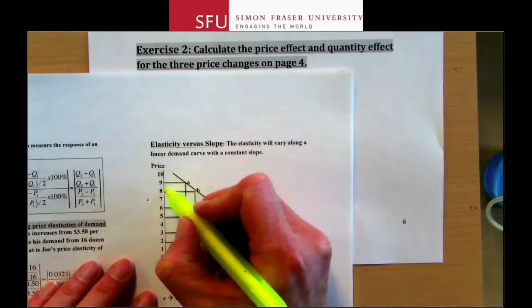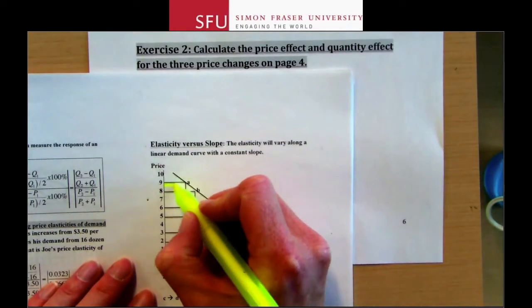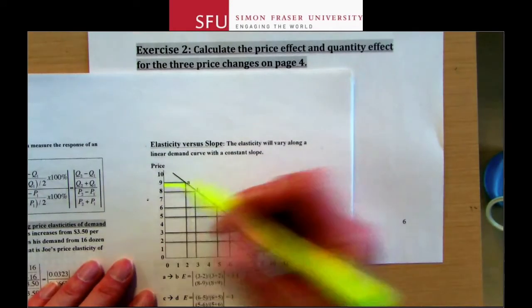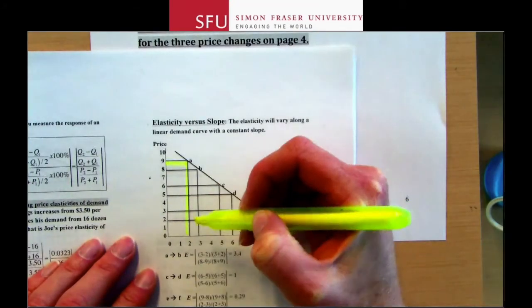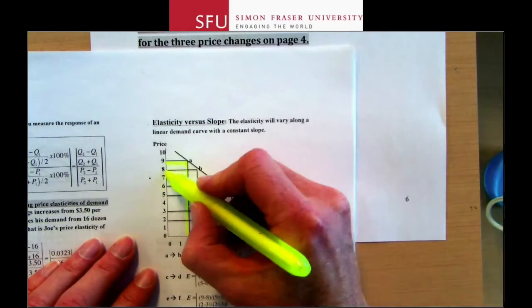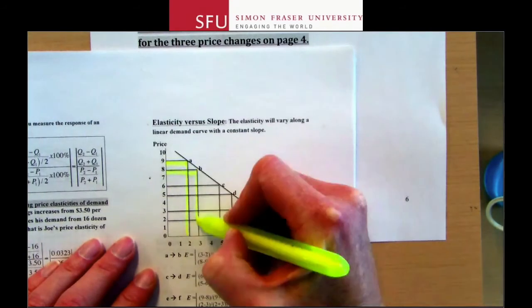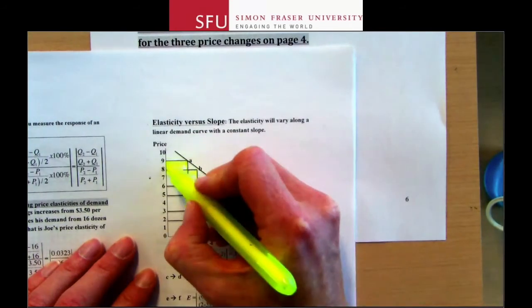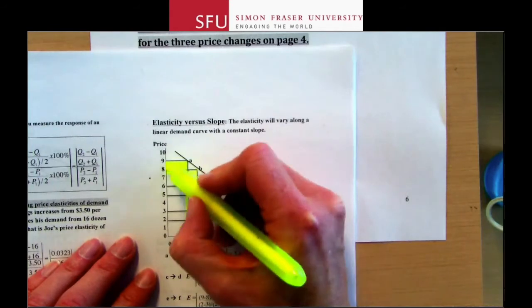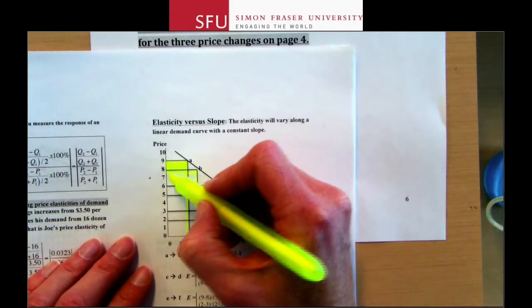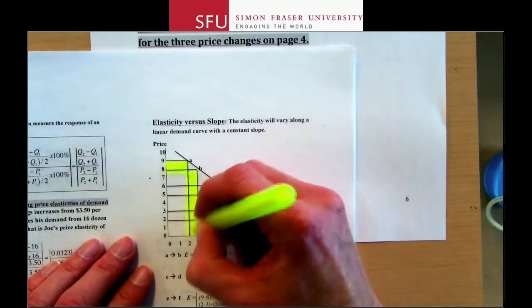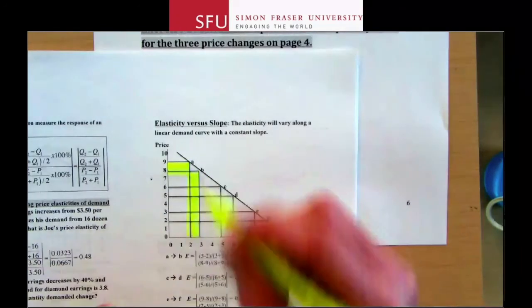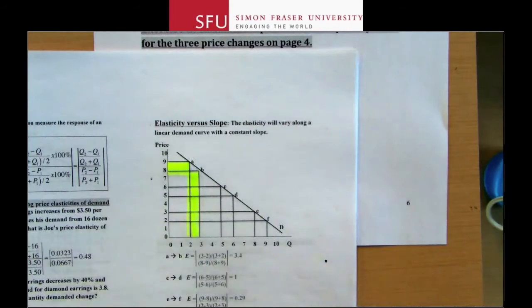First, between A and B. At A, the revenue was 9 times 2, and at point B, the revenue would be 8 times 3. The upper rectangle is the price effect. You're losing $1 per unit on the 2 units that you used to sell, but now you're selling an extra unit, and you're selling the 3rd unit at a price of $8.